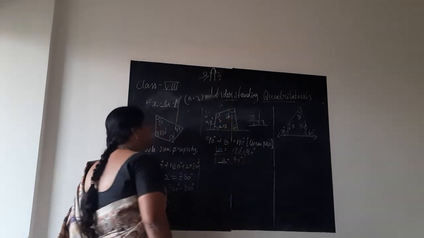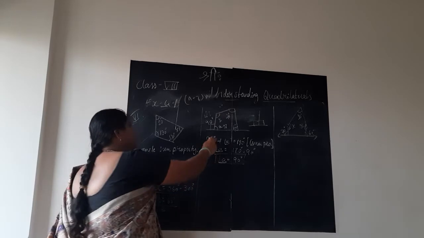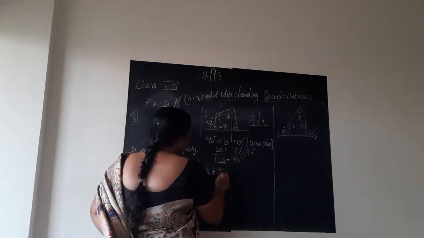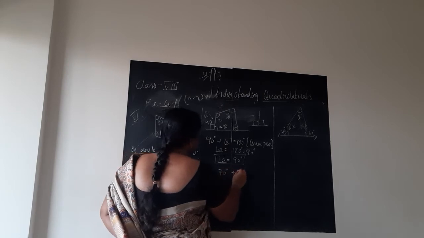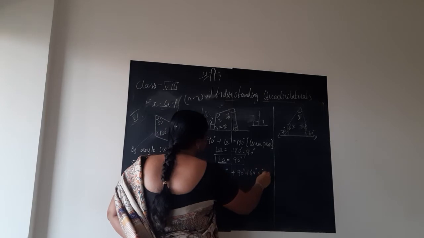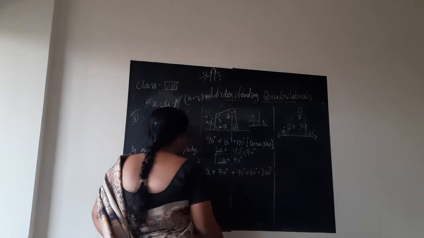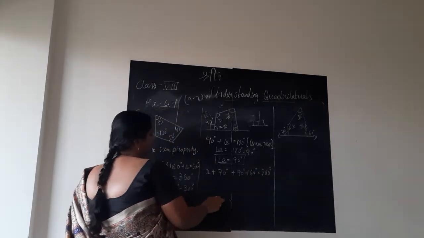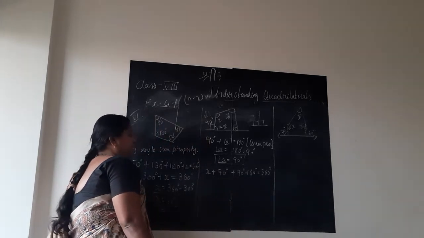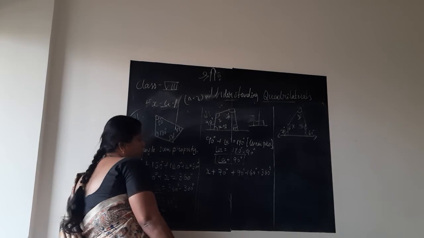So if this angle A is 90 degree, then easily you can find the one unknown angle. Again, angle x plus remaining three angles, we will write 70 plus 90 degree plus 60 degree is once again equal to 360 degree. So now we will add 90 plus 60. 9 plus 6 is 15. 15 plus 7 is 22.